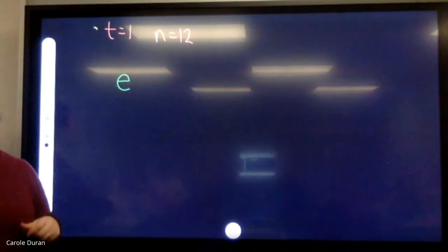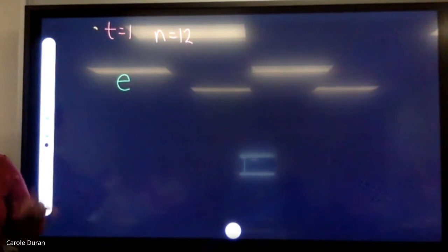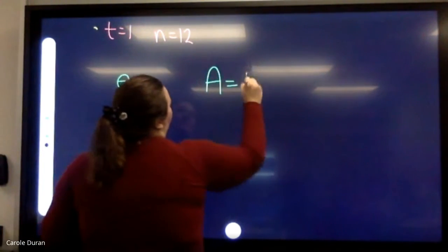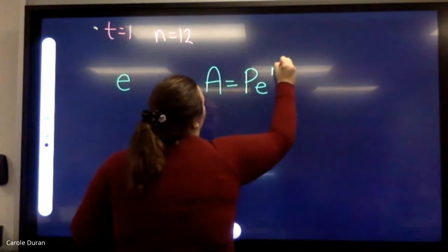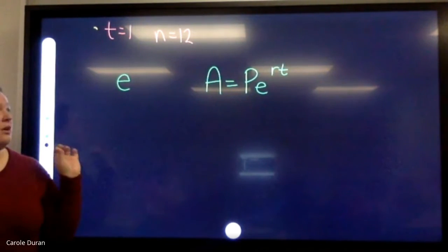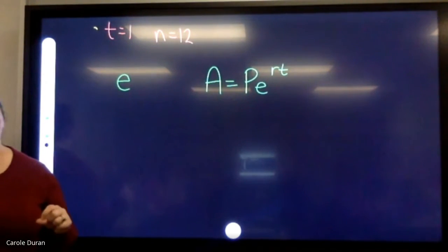The way that this e is used in a compound interest problem is it creates an entirely new formula called PERT. It still uses all of the same information, except the n value goes away because I'm compounding continuously with that natural exponential function e.